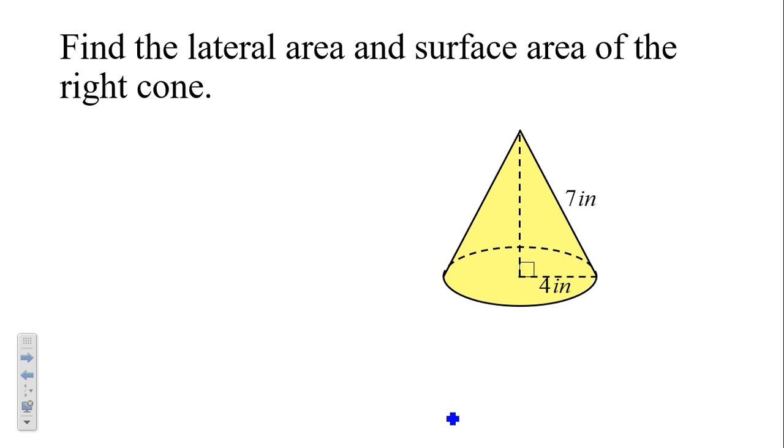Absolutely. I know that your perimeter was this, and I can look and see what you did. Okay, good. Okay, so pi RL.